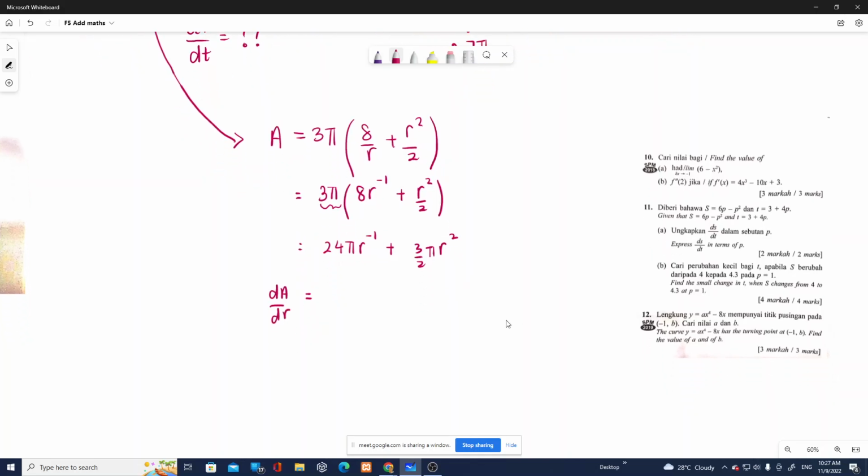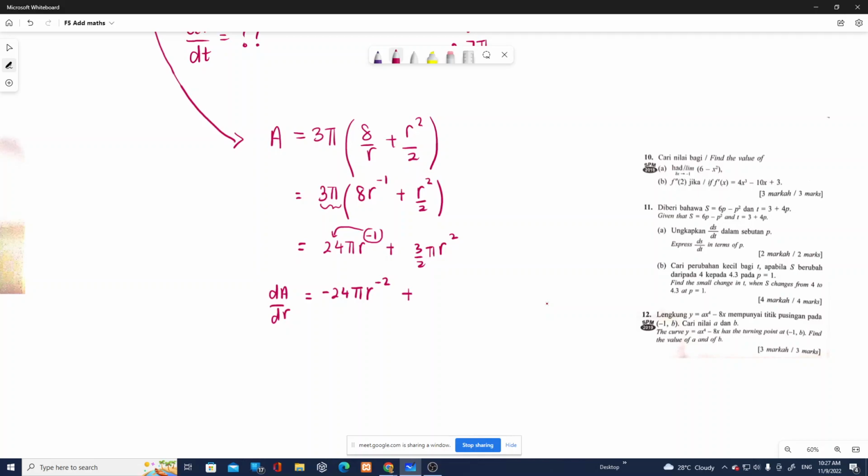Faiz, ada? This one uses multiplication rule. You darab negative 1 to 24, you get negative 24 pi. Kurang 1 jadi negatif 2 indeks dia.